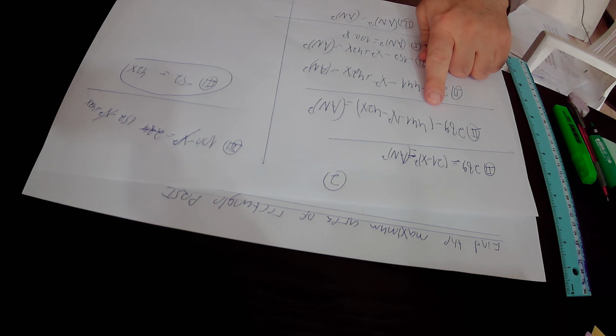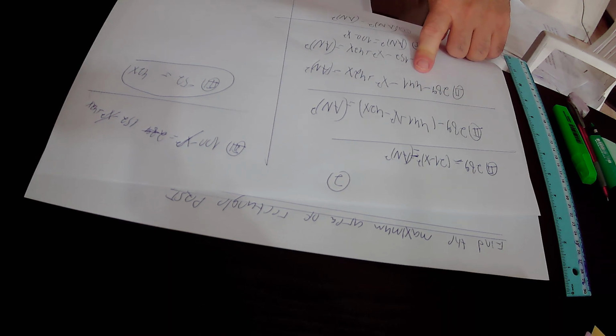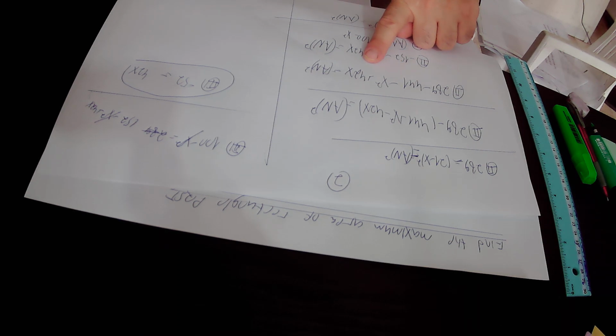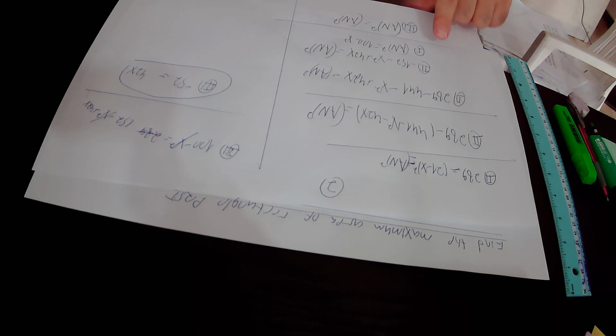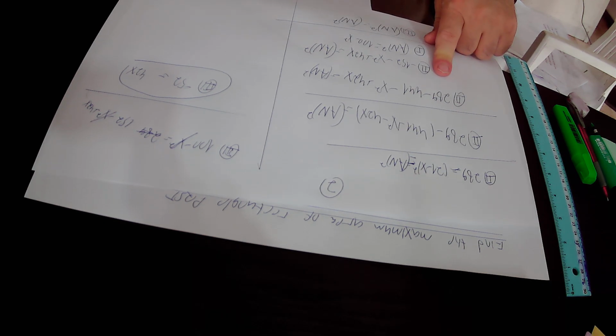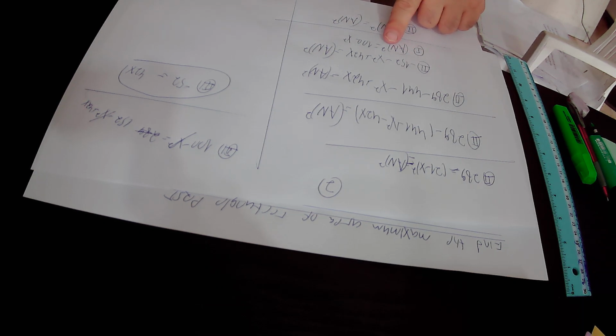So here we open the brackets, and we have a minus before the bracket, so it is minus 441 minus x squared plus 42x. And 289 minus 441 equals minus 152 minus x squared plus 42x, that is equal to AN squared.